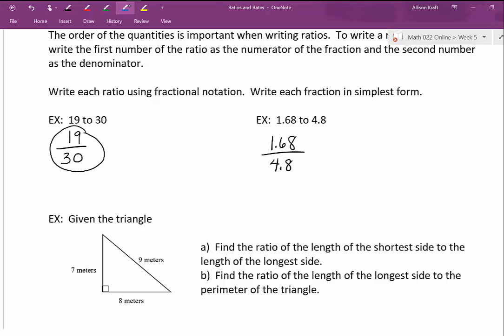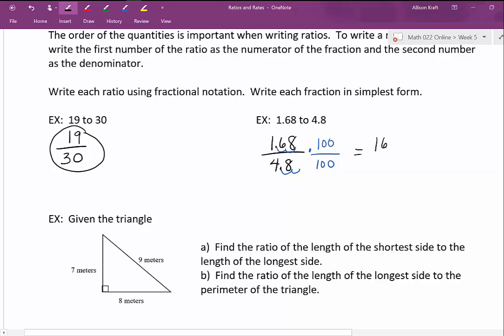The maximum number of digits to the right of our decimal point is 2. So we want to multiply the numerator and the denominator by 10 to the second power, which is 100. When multiplying by 100, our decimal point is going to move 2 places to the right.